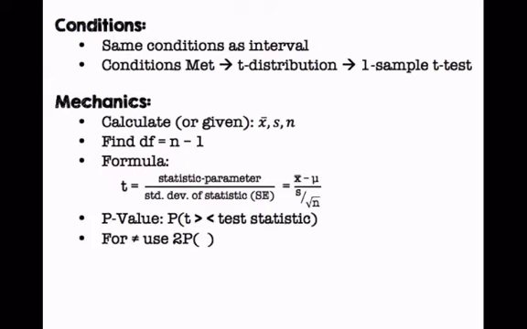T equals your statistic minus your parameter divided by the standard deviation of the statistic, so your standard error. So it's x bar minus mu divided by s over the square root of n. Our p-value is either going to be greater than or less than our test statistic, whatever we get for t. And then remember, if we're doing a not equal to, we have to do 2 times that probability.